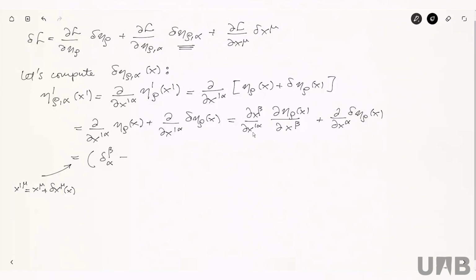It's not x' with respect to x, but x with respect to x'. So that's where this minus sign comes from. Derivative of δx^β with respect to x^α. And then the derivative of η_ρ(x) with respect to x^β, plus this object here, which I'm going to write as ∂_α δη_ρ(x).